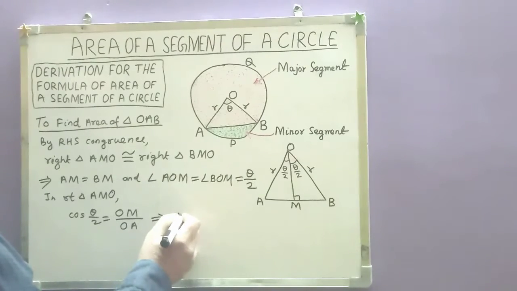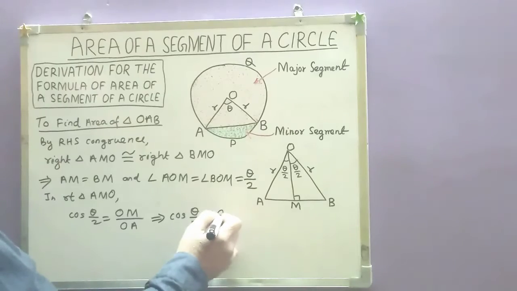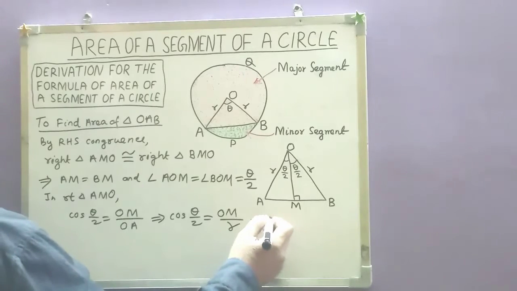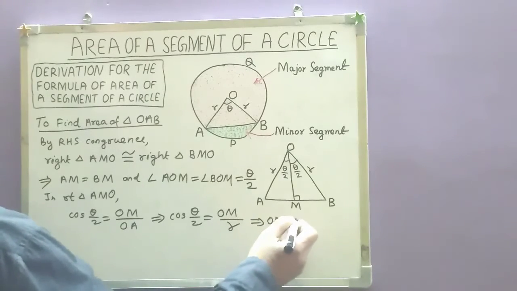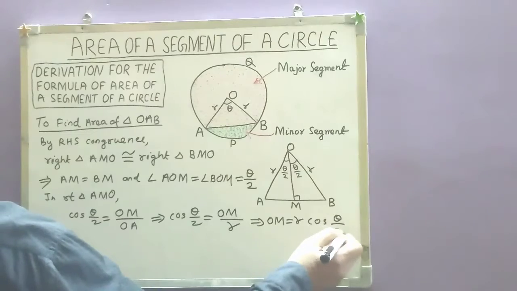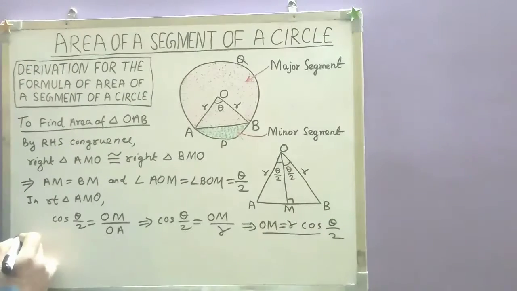That implies cos theta upon 2 equal to OM upon R. That implies that OM equal to R cos theta upon 2.